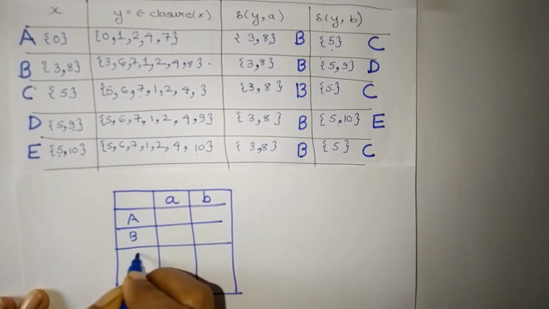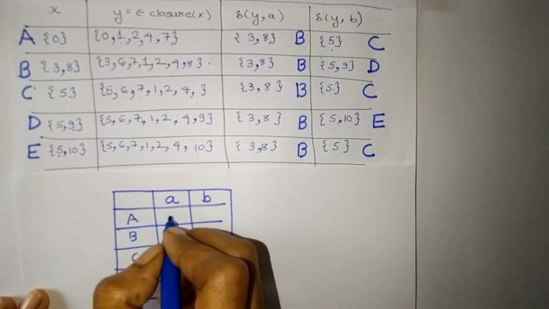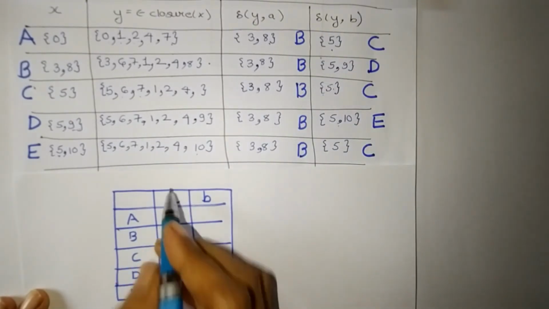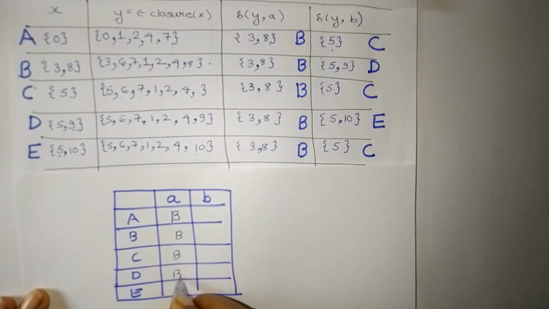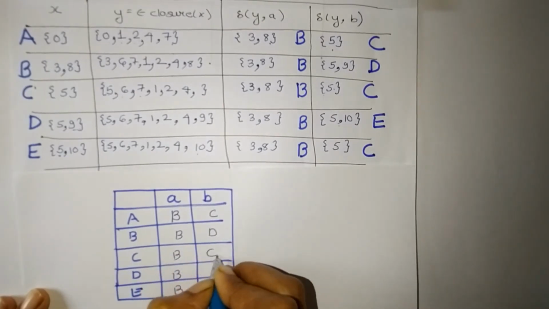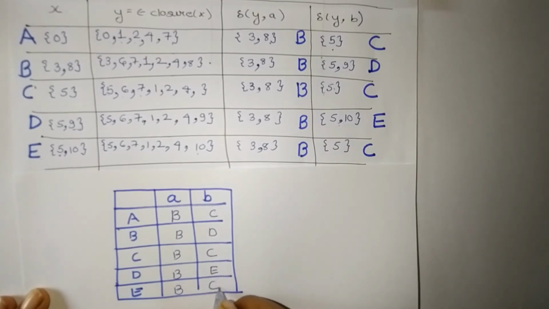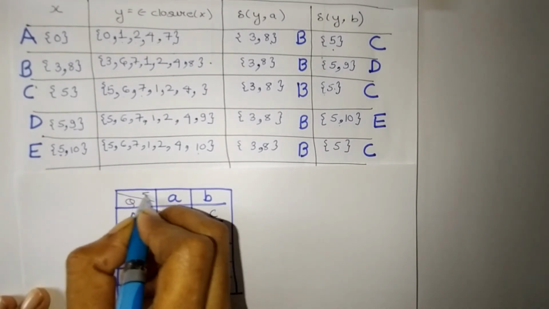A, B, C, D and E. Just repeat as it is. It will be B, B, B, B, B and C, D, C, E, C. So after renaming the states, this is my set of states, and this is my input alphabet.